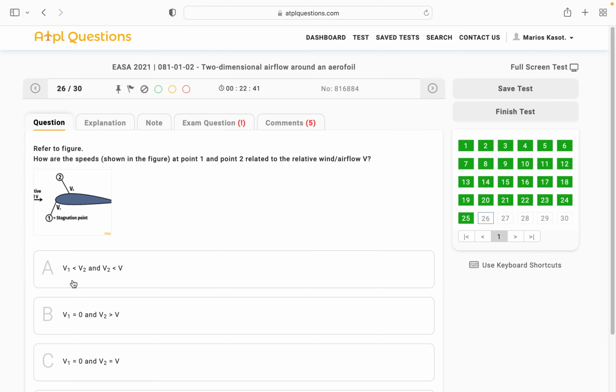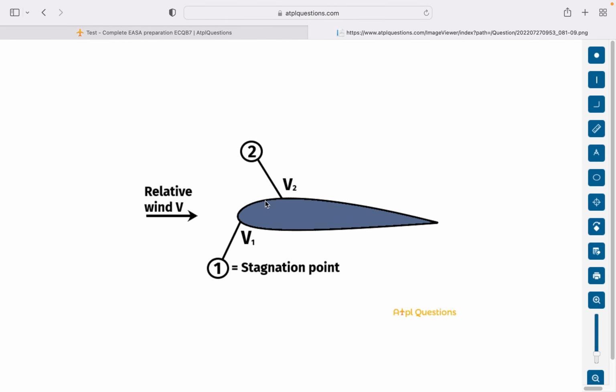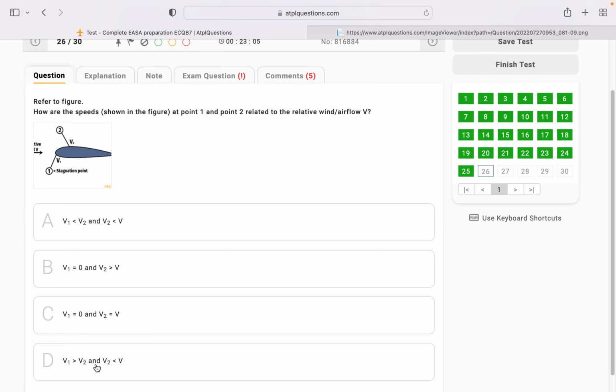V1 is smaller than V2, correct, and V2 is smaller than V, incorrect. V1 is 0 and V2 is higher than V, correct. V1 is 0 and V2 equals V, of course no, because here you can see some kind of curveness. And V1 greater than V2, no. So this is the correct answer.